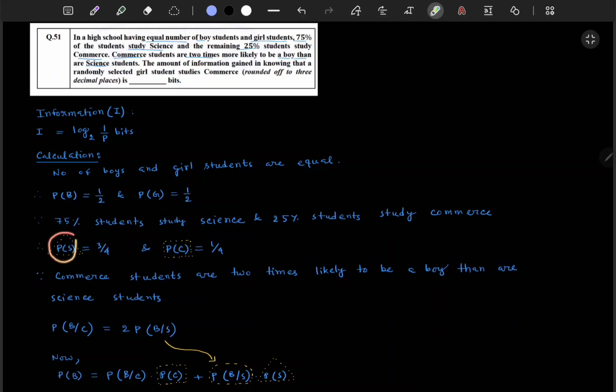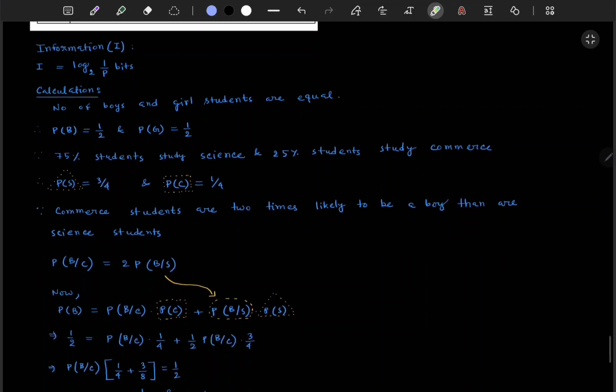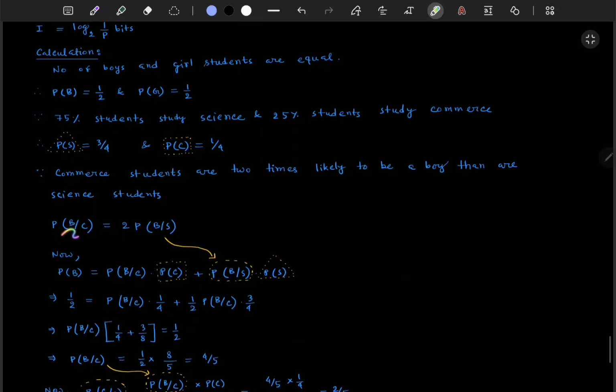So the probability of a science student is 3 by 4 and the probability of a commerce student is 1 by 4. Commerce students are 2 times more likely to be a boy than science students.